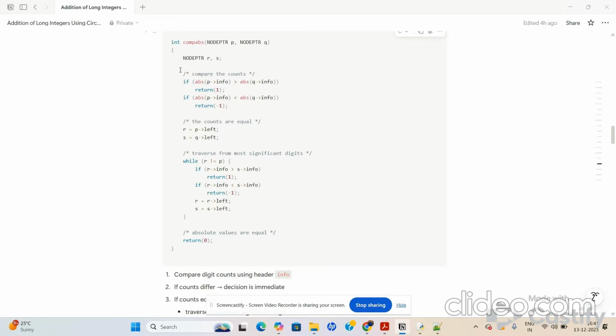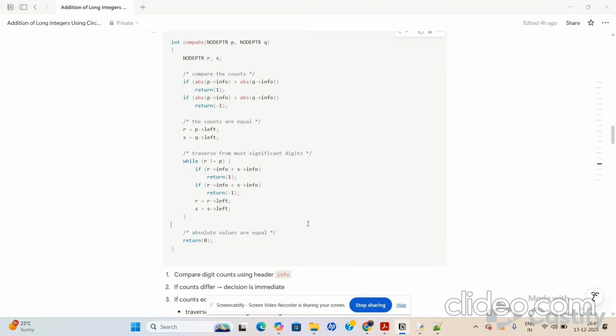Okay, so this is the essence, correct? First it compares the number of nodes. If the number of nodes are equal, then this part of the function comes into the picture. You are pointing to the header node, so you move to the left side of the header node. What do we have on the left side of the header node? We have the most significant digits.